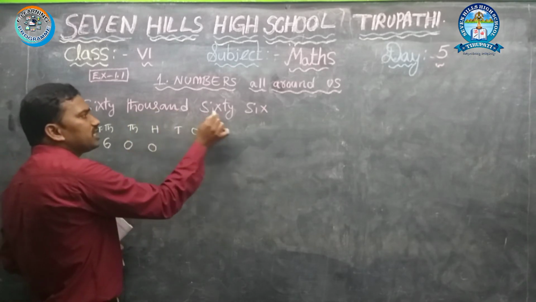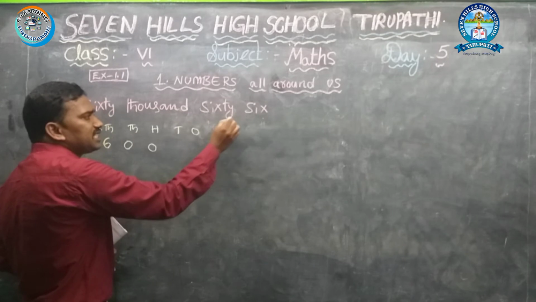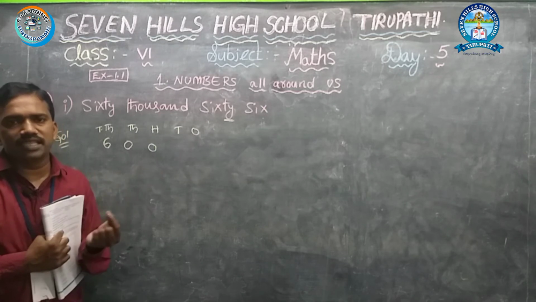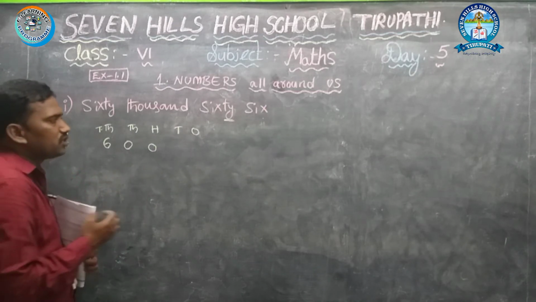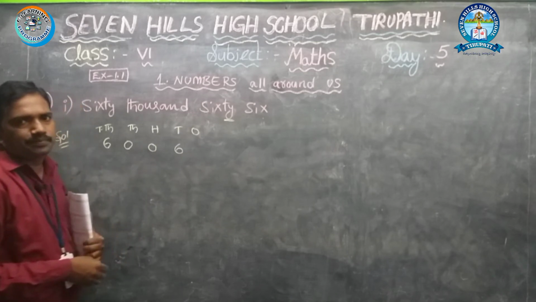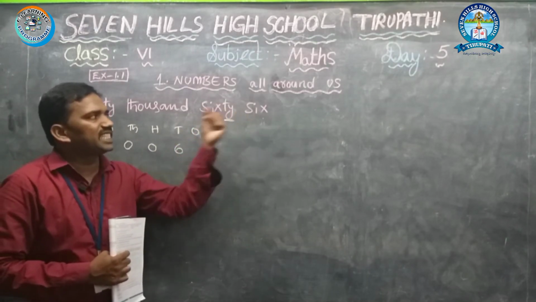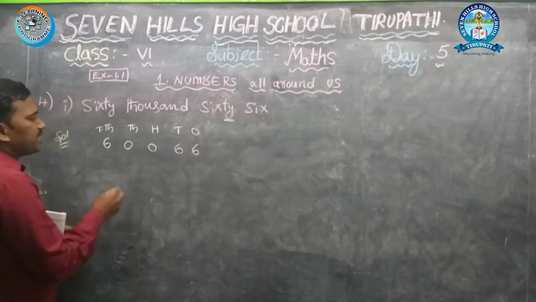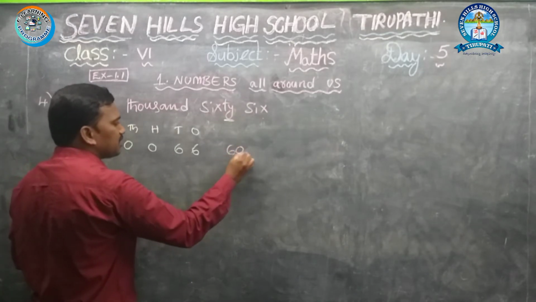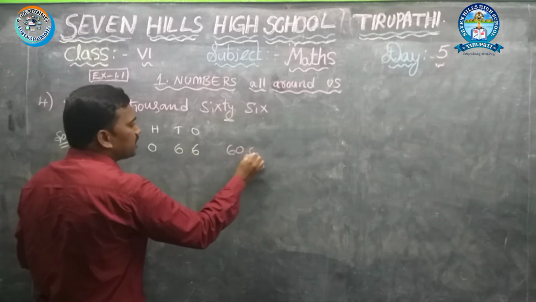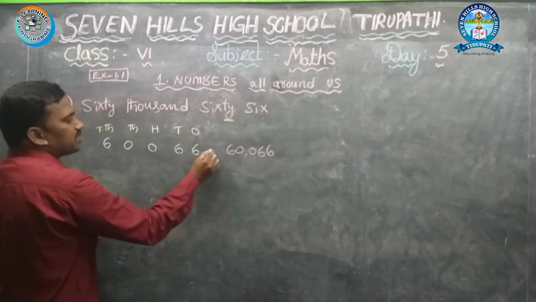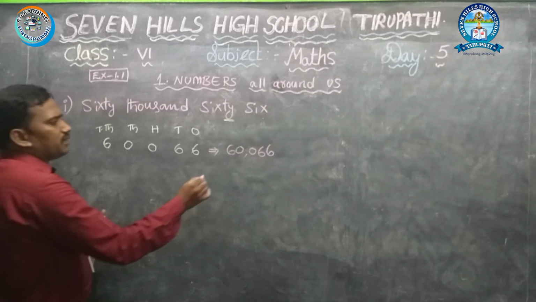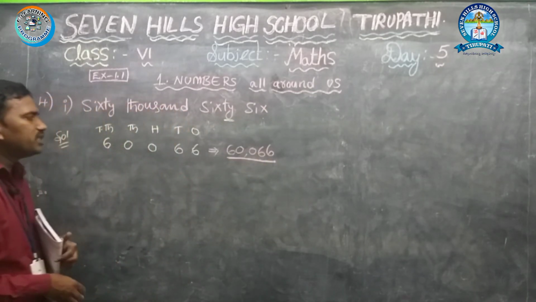Now 66: 6 in the tens place means 60, and 6 in the ones place. So the number is 60,066.